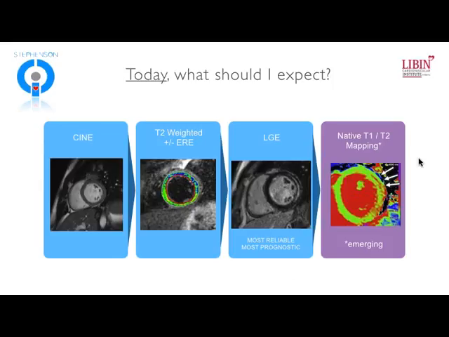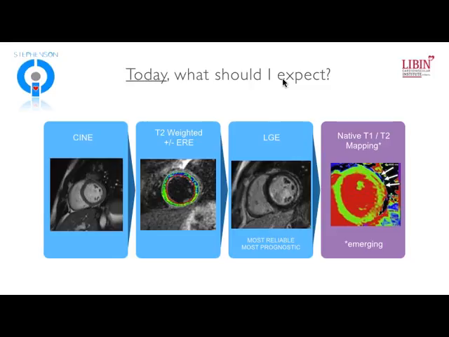But I do think that over the next 5 years, we're going to see emerging the expanded use of native T1 and potentially T2 mapping, but I think it will first emerge with T1 for the detection of increased tissue water. And that as a potentially valuable tool for not just identifying the presence of acute myocarditis, but being able to potentially provide a continuous variable by which it can be monitored for serial surveillance and for disease activity.